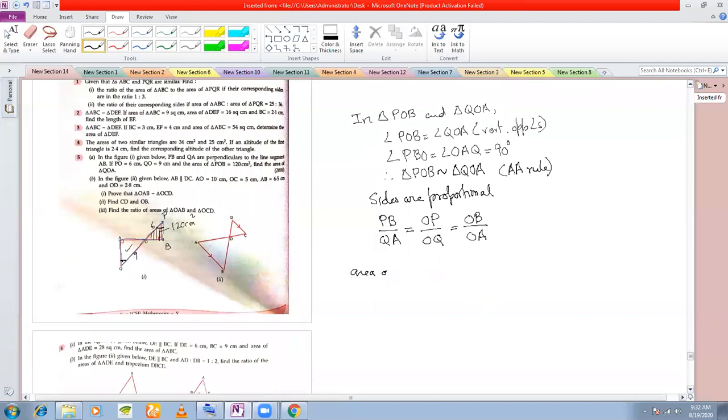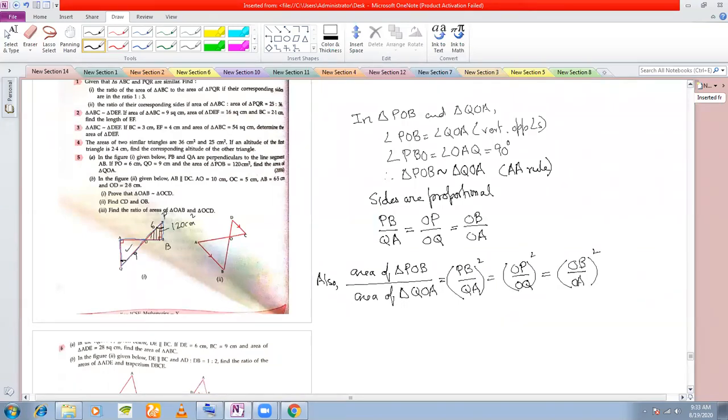Area of triangle POB divided by area of triangle QOA is equal to the square of the proportional sides: PB by QA equal to OP by OQ equal to OB by OA, square of all this.